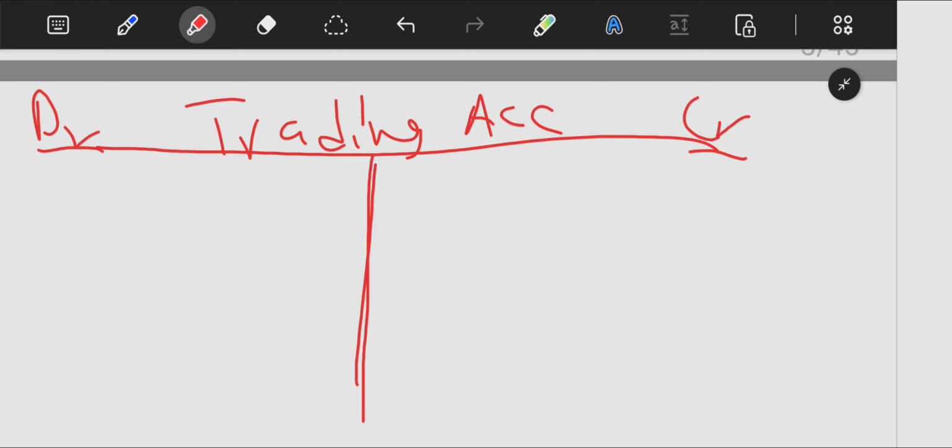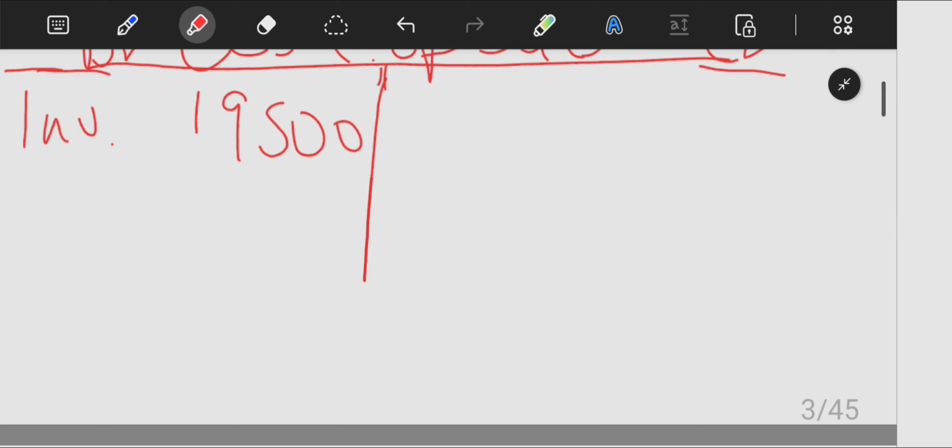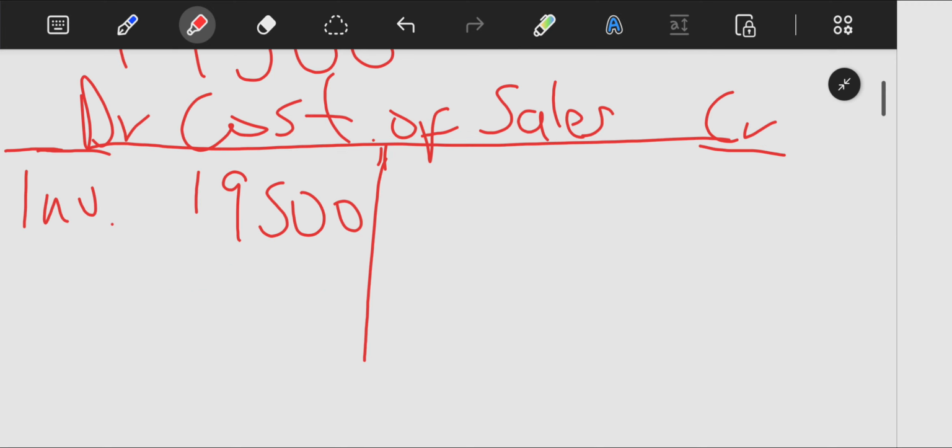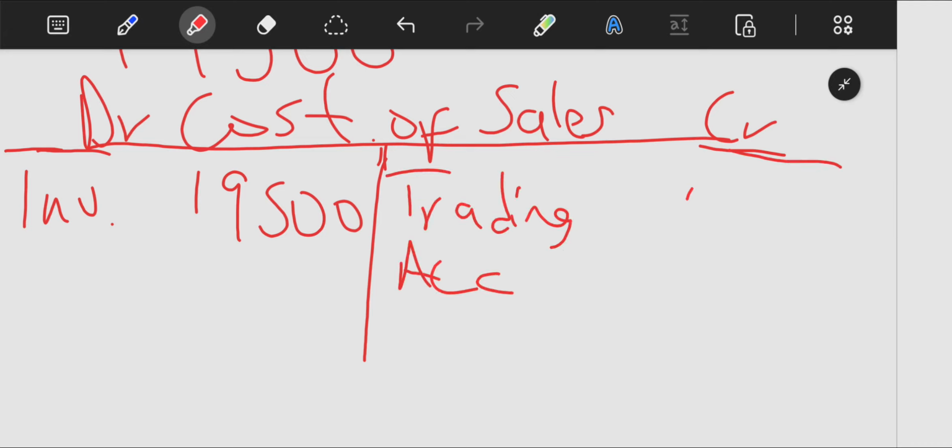Okay, this is just a temporary account that we create when we want to do sales, when we want to sell, to determine the profit or loss. Right, now it goes to the trading account, 19,500.